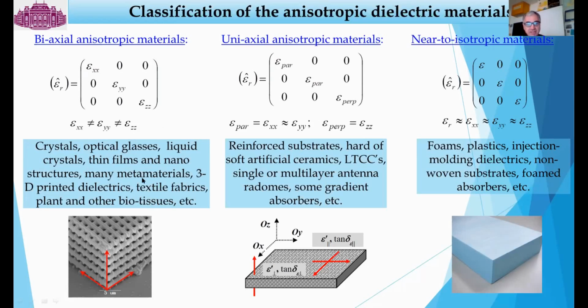Most of the materials are in this branch of materials. Next, so-called uniaxial anisotropic materials with parallel and perpendicular dielectric constant. This is typical for flat materials, substrates and polymers and others. And of course, near to isotropic materials, like plastics, injection molded dielectrics, foams, etc.